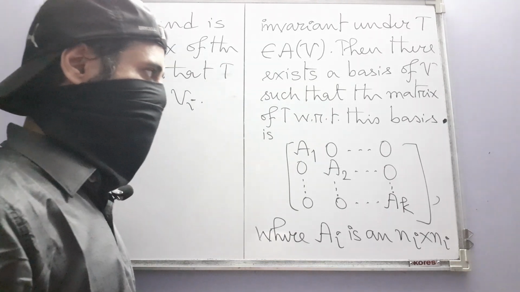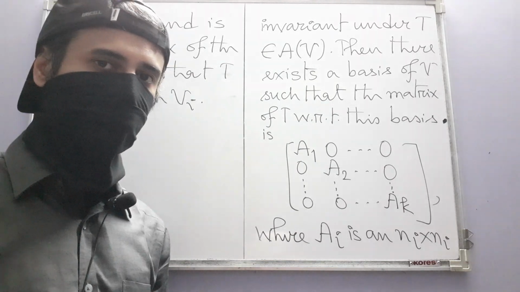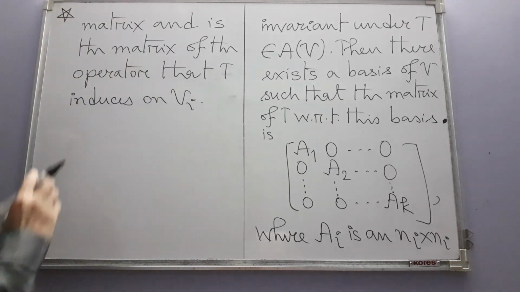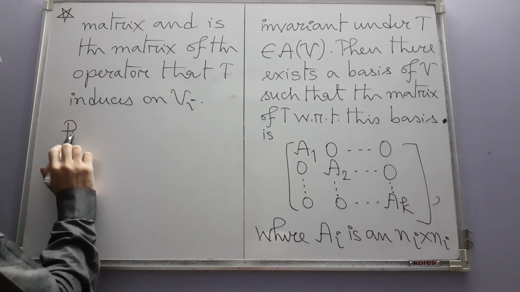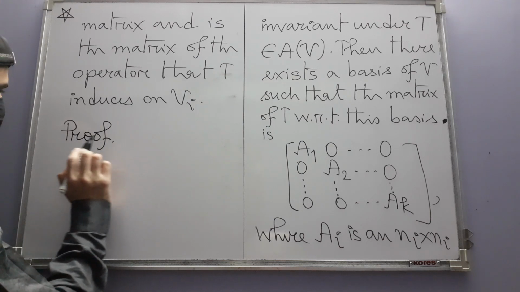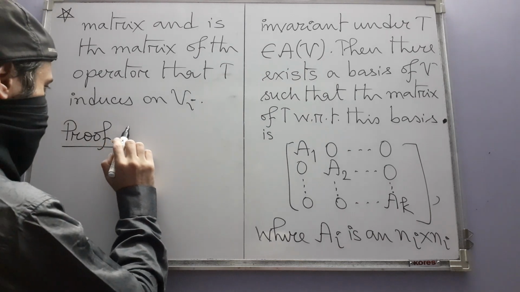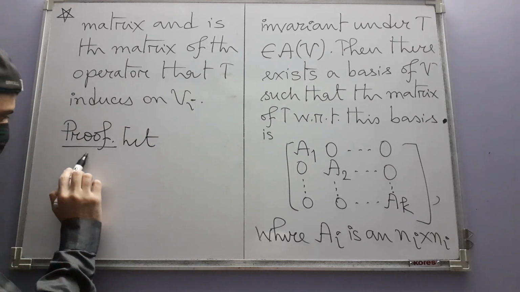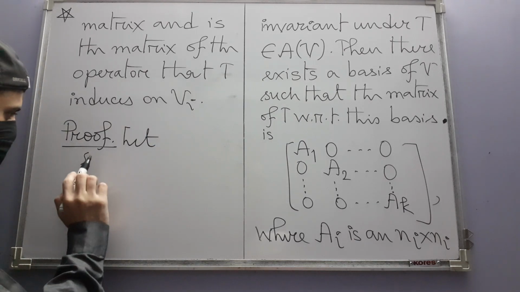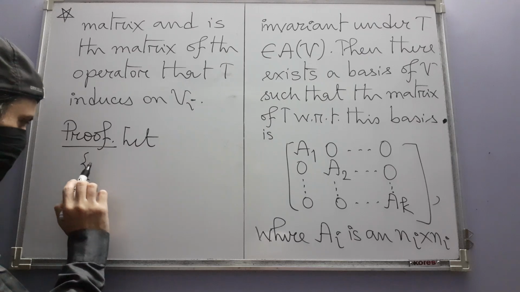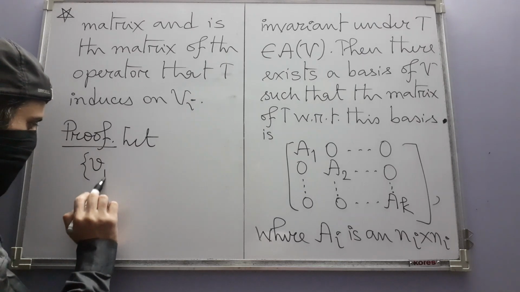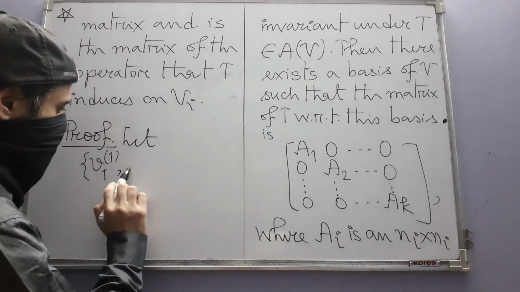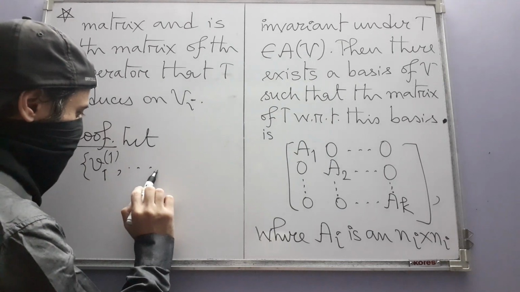So the proof starts by considering bases for these individual Vi's. Let me write like this, because the notation is going to be a little messy, with subscript and superscript.